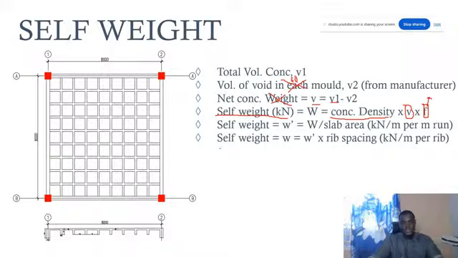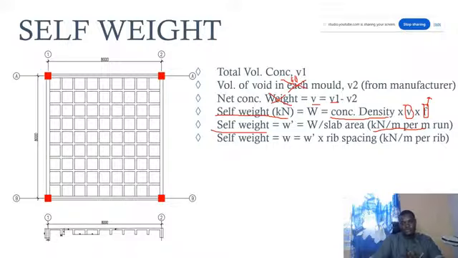Because, like I mentioned, we have the rib and we also have the topping. Most of the time, the topping is either designed to contribute to strength or not. So in that case, the main primary element you are designing is the rib. So you now convert this self weight to the rib. What we have here is kilonewton per meter square, but in order to design the rib, we need to know the part of the self weight that is going to be on a section of our rib.